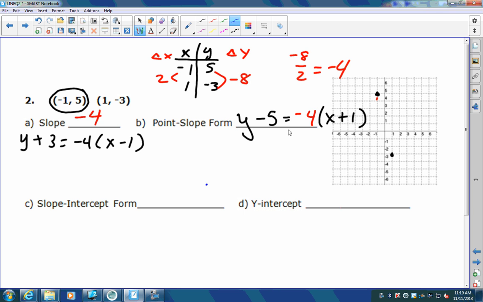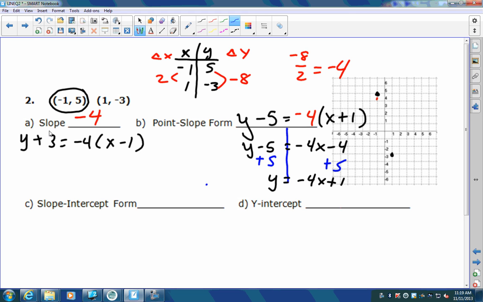To move it into slope-intercept form, this first one right here, I'd have y minus 5 equals negative 4x minus 4. Then I add 5 to each side, and I get y equals negative 4x plus 1.